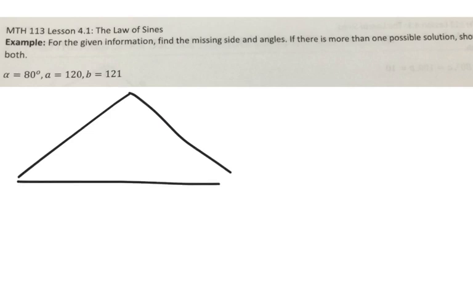Okay, so let's say this is angle alpha. It's 80. Opposite alpha is A, and A is 120. Let's say this is side B. It's 121.